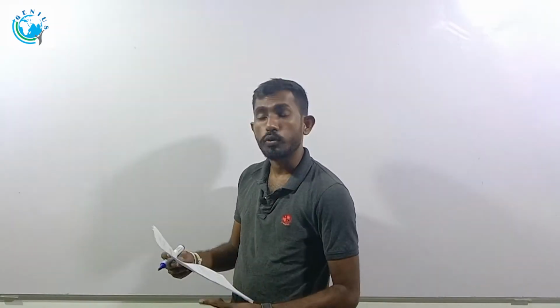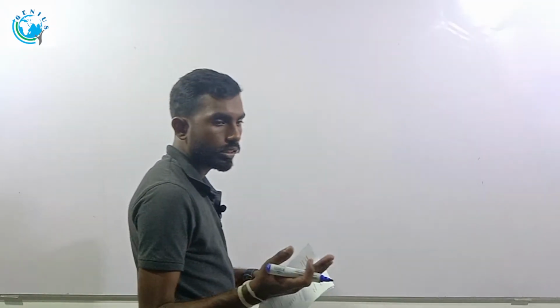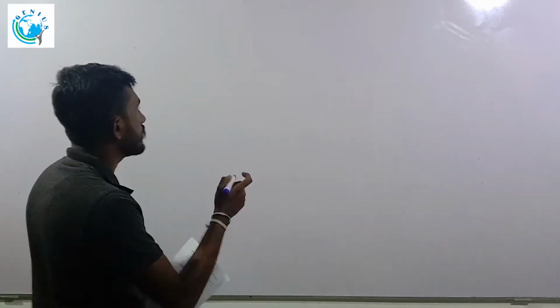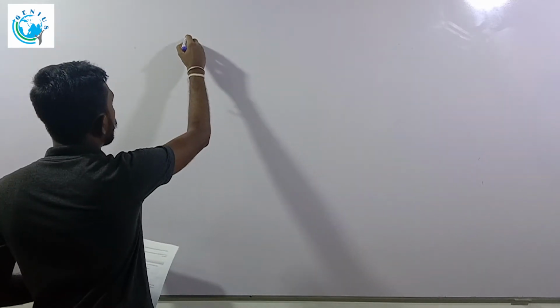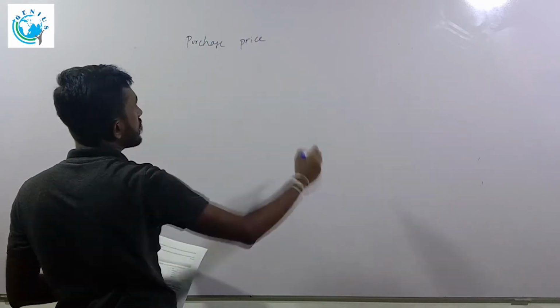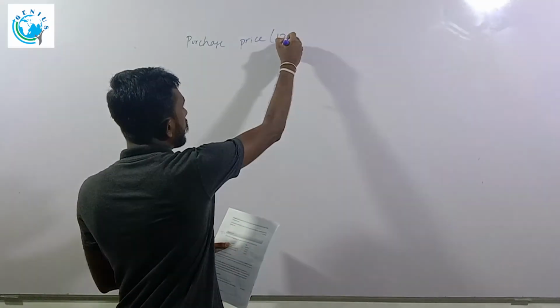So let's take one by one. You have 4 cost items, and you have to consider whether we are going to include them or not. First one, the listed price, but we are not going to take the listed price. We are taking the purchase price. Listed price is 1,250.